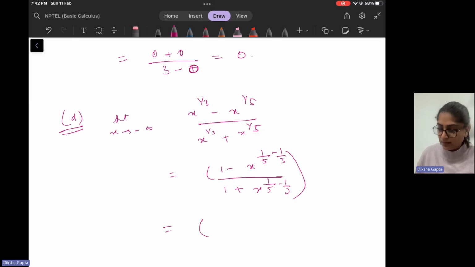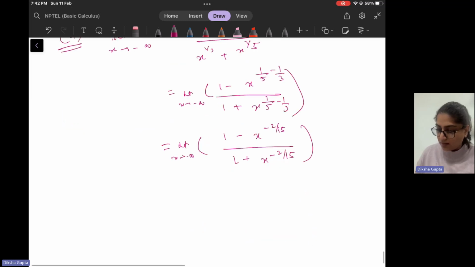This will be 1 minus x raised to power minus 2 by 15 upon 1 plus x raised to power minus 2 by 15. This is 1 minus 0 upon 1 plus 0, which is 1.